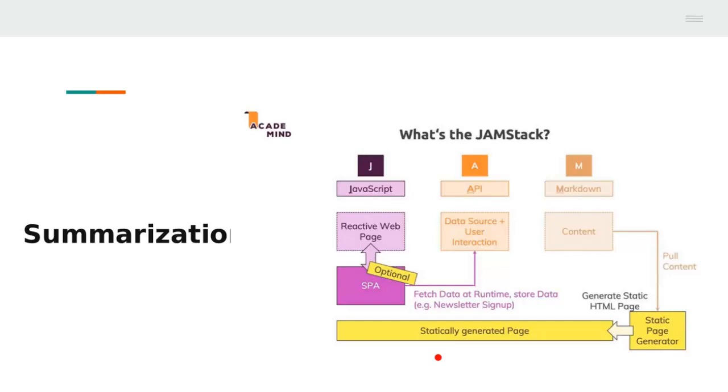So the HTML is generated on demand and sent back to the client on every request, like in PHP. Or we can generate our static pages directly from the content in our Markdown or HTML, and create static HTML files that will be served to the user, and they will fire the JavaScript that we have in the JavaScript part.